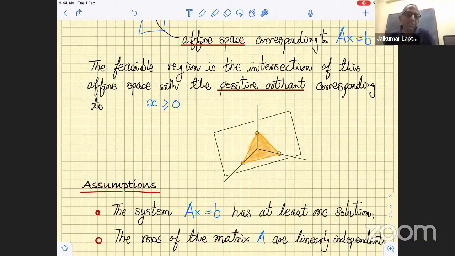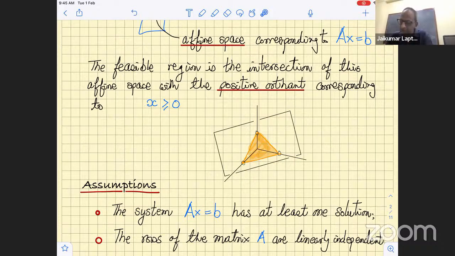That becomes your feasible region. In general, when you have many equations, in the end you'll be left with an affine space, and that affine space will pass through the positive orthant. Everything outside the positive orthant is clipped out, and only the part that remains within it is your feasible region. When you try to optimize, you are trying to find a point where the objective function takes the maximum value, but confined to the non-negative orthant.